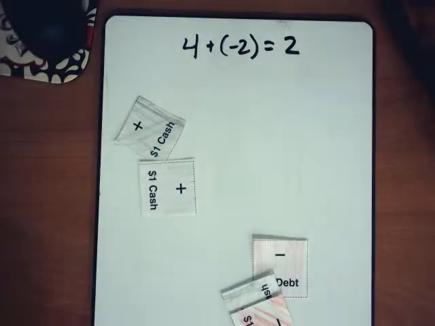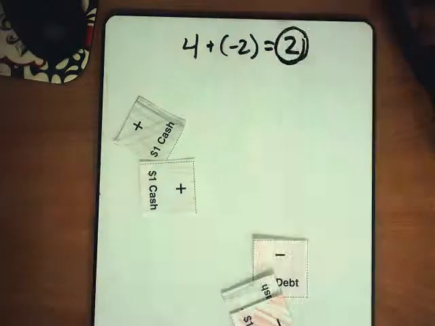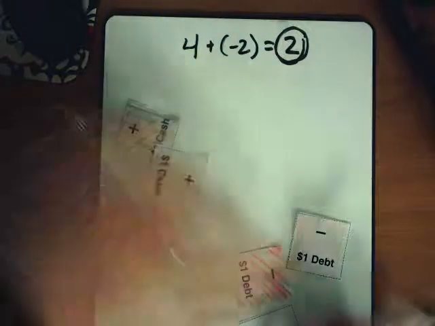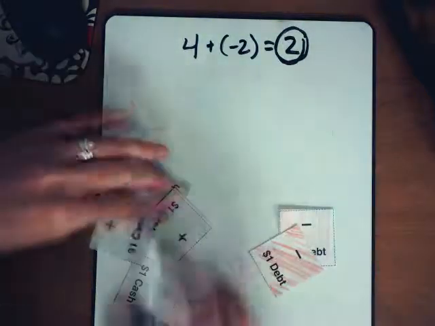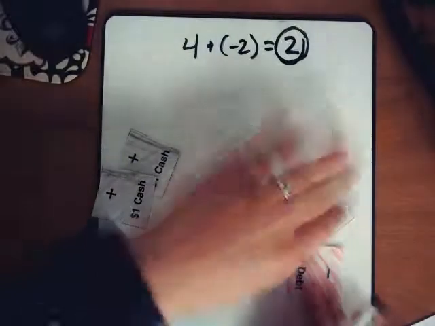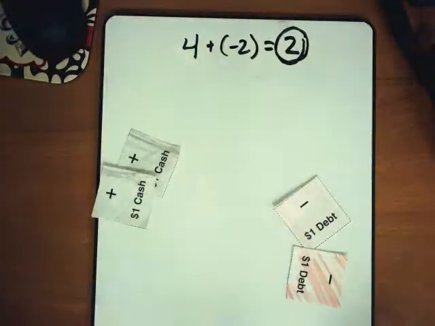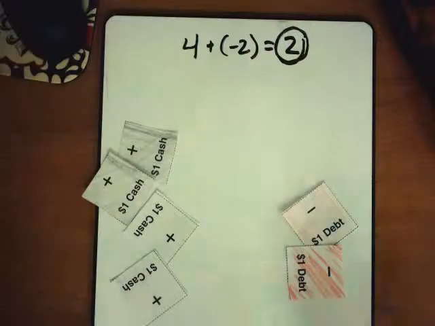However, let's think about it this way. Here's our bank balance, if you will. Okay? If I started here with 2, and I needed to take, so it's equal to 2, right? Because these cancel each other out.